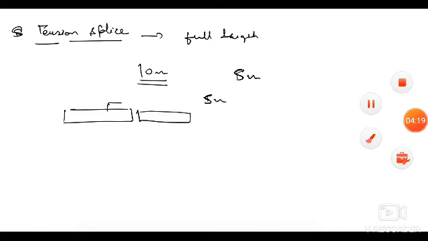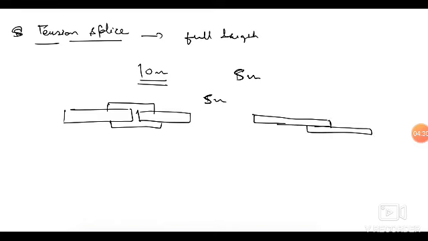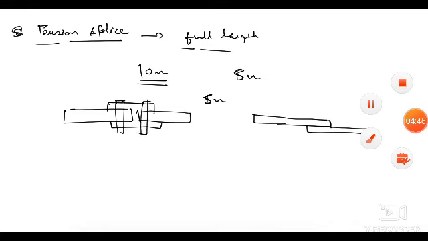The connection of the two members is called a tension splice. It can be a butt joint, it can be a lap joint as well. All different kinds of connections are possible, but the purpose is to make the full length we need by connecting two or more members. If we make this splice, there will be a connection, and bolting or welding will be used.